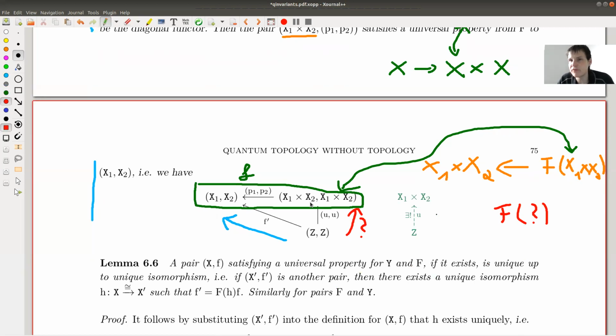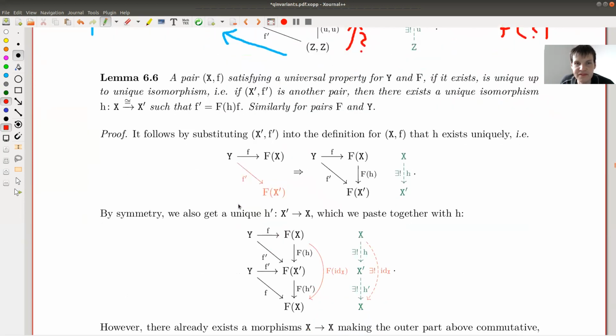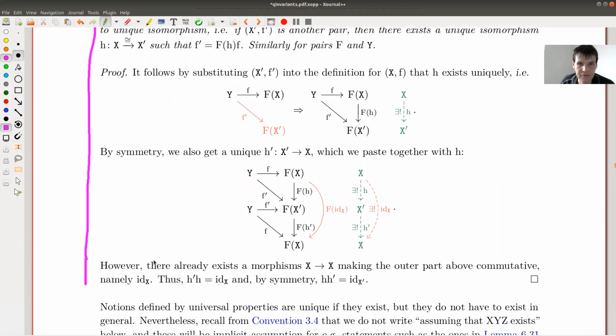It might be a pain to verify that it satisfies the universal property, but in a lot of cases it's well understood. So let's just assume that this is true, and let's see what we can do with it. And the point of universal properties is the following lemma, which I don't have much time to go into. I hope you would like to read it because it's not so bad.